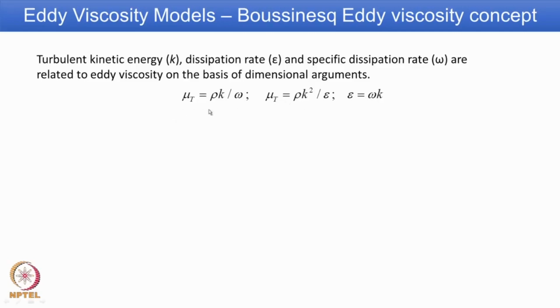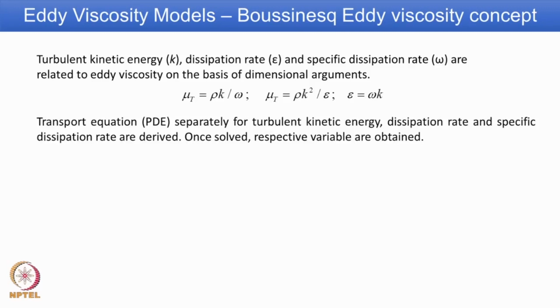Mu t is the eddy viscosity, t is a subscript used to denote it is for turbulent flow, equal to rho k over omega, or mu t equal to rho k squared over epsilon. And k, epsilon and omega are related to each other as epsilon is equal to omega into k, and you can check with the units on each side whether they are matching.